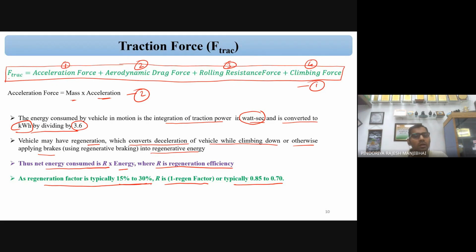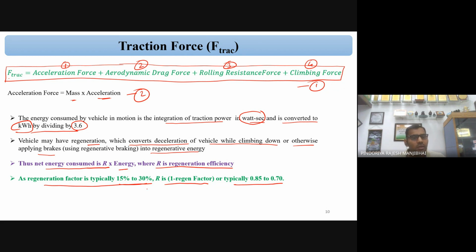Suppose we could recover 100% of the energy, or maybe 90%, then you could say our vehicle is free of cost. Whatever energy we take from the battery, we could get back from regenerative braking, correct? But that is not possible till now.